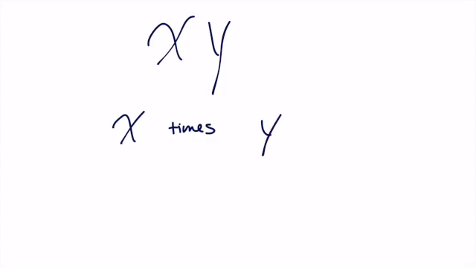So if someone walks in and says, hey guys, x is 2 and y is, let's say 8, xy is not 28. It's 2 times 8, which we know is 16. So make sure we don't mess that part up. We keep that in mind.